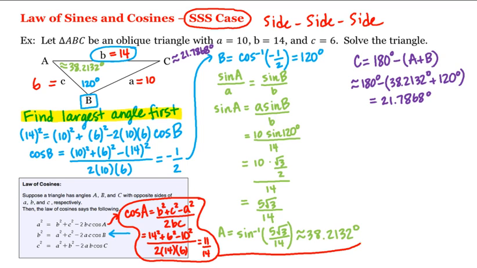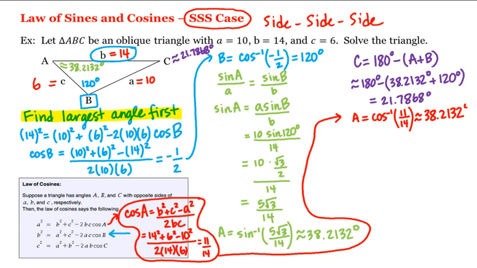And therefore, A is equal to inverse cosine of 11 divided by 14, which is approximately 38.2132, which is the same answer that we found.